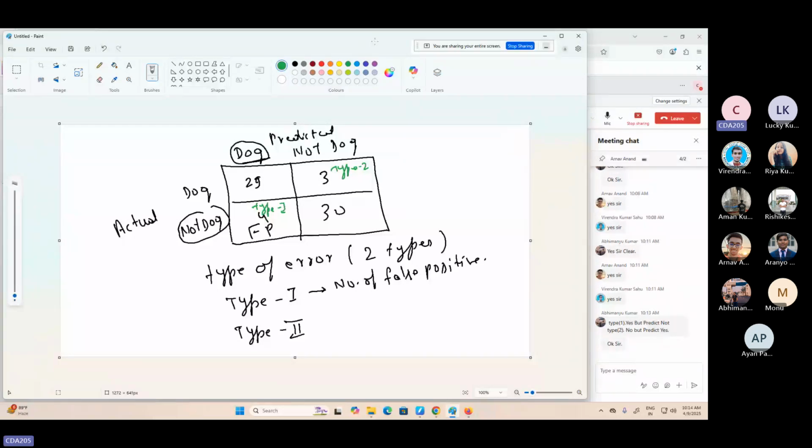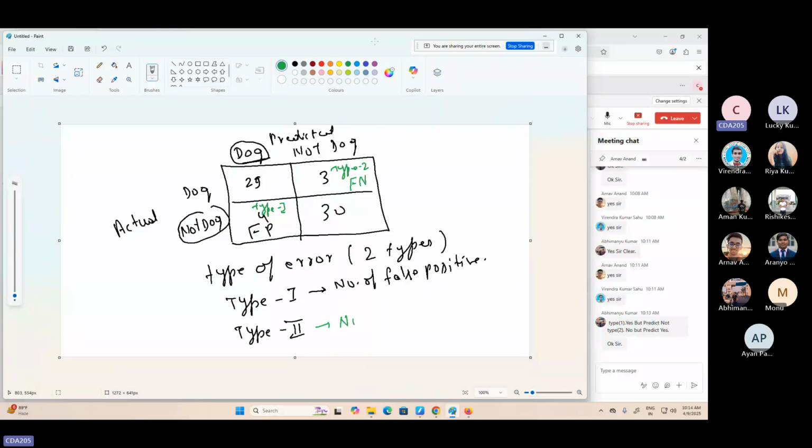Type 1 is that predicted dog, predicted yes, but it is not a dog. But actually it is not. You can see this one. Okay. And this is what, false negative.